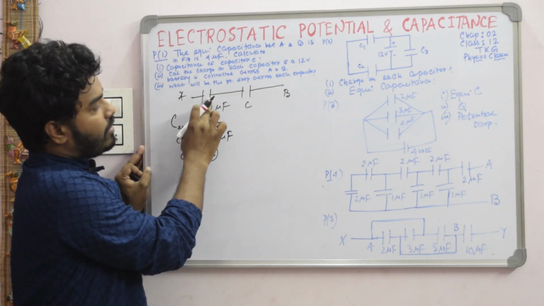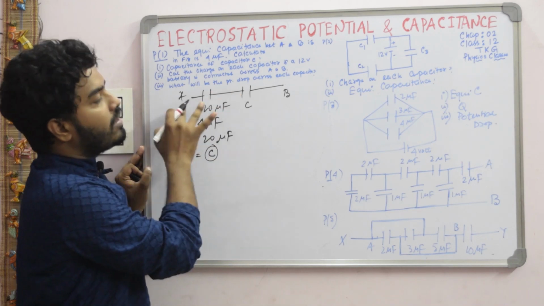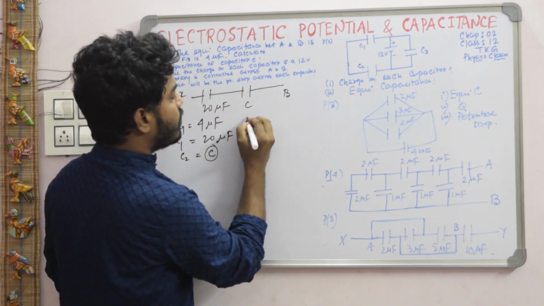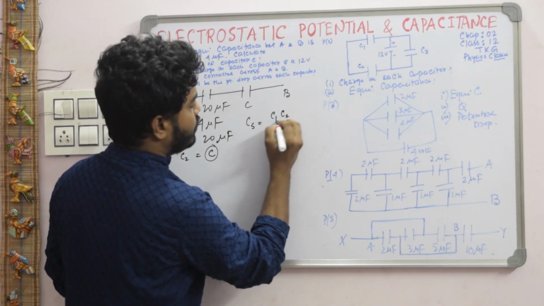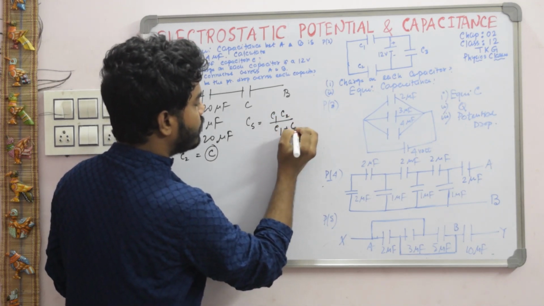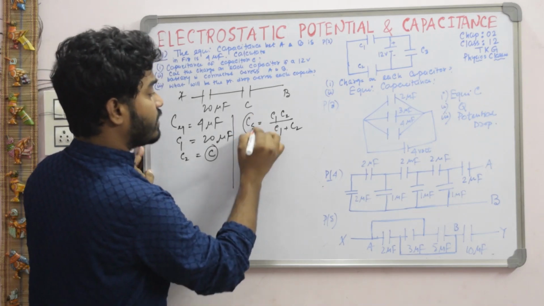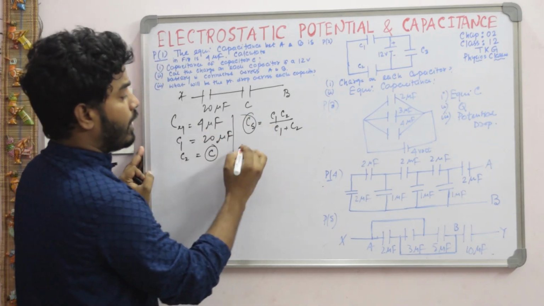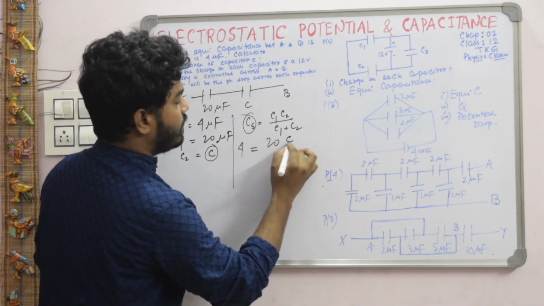You know the formula. This plate is connected to the other plate, so this is a series combination, and the equivalent capacitance formula is C1 C2 divided by C1 plus C2. Putting in the values: Cs, the equivalent capacitance, is 4 microfarad, C1 is 20, and C2 is C, which we have to find.